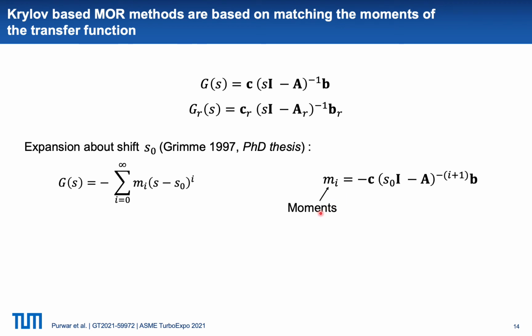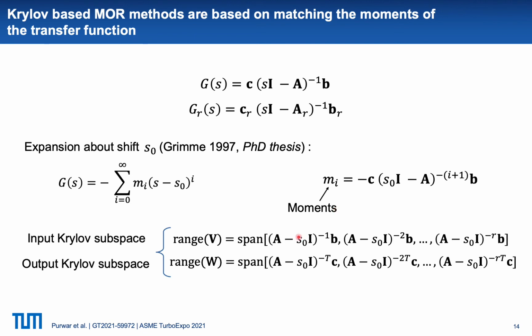Krylov subspace methods are based on matching the moments of the transfer functions of the full and the reduced system. To match these moments, input and output Krylov subspaces are defined. We can see that the entries of these Krylov subspaces are similar to the expression of the moments. The important question that arises now is how do we select these shifts?